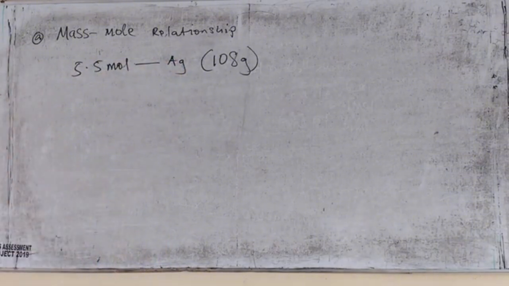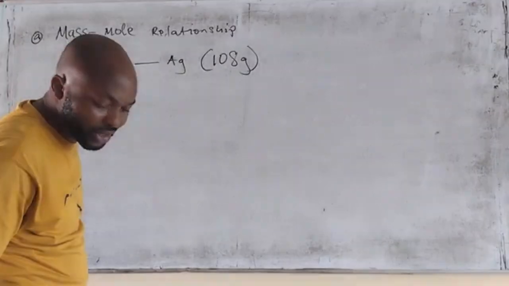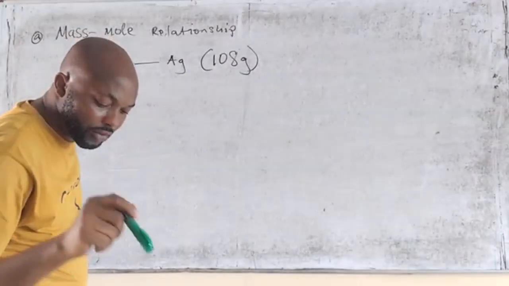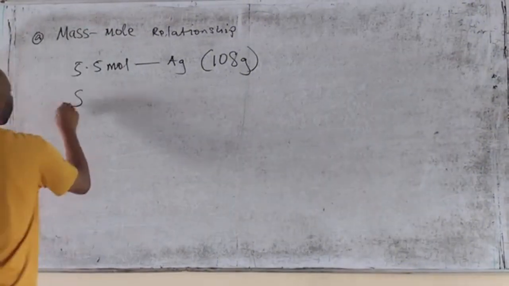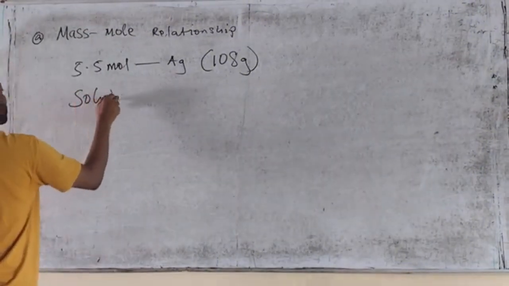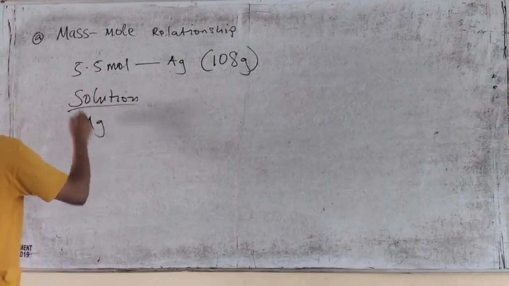So we're looking for its mass-mole relationship. They say calculate in grams the mass of 5.5 moles of silver. So, solution. This is my silver.